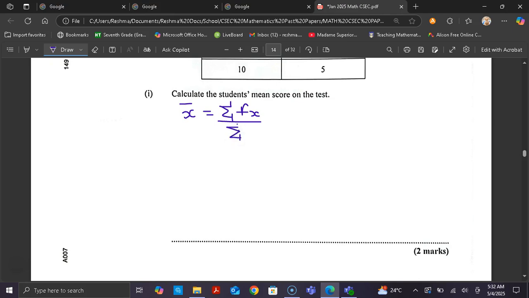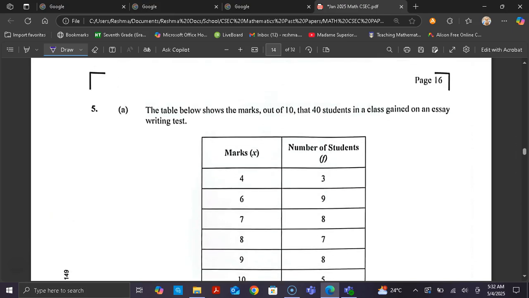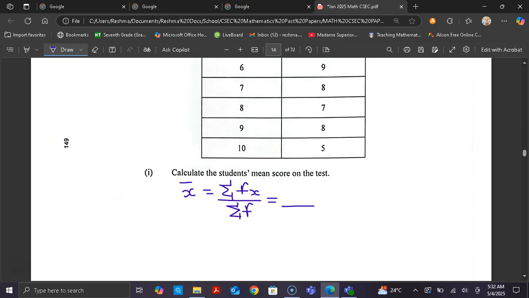Now that symbol sigma stands for sum. So sigma fx means the sum of the f times x values, and sigma f will just be the sum of the frequency, which of course we know is 40 because there are 40 students in the class. So that's the denominator in our formula.